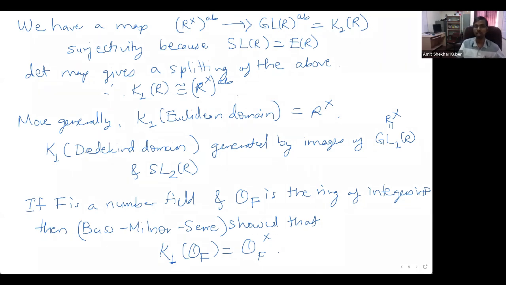So if you try to study this K1 of a Dedekind domain in general, then for SL2R you will encounter something called Mennicke symbols. Those Mennicke symbols are these matrices A, B, C, D, where AD minus BC is equal to 1. These are determinant 1 matrices, but inside K1, C and D don't really matter.